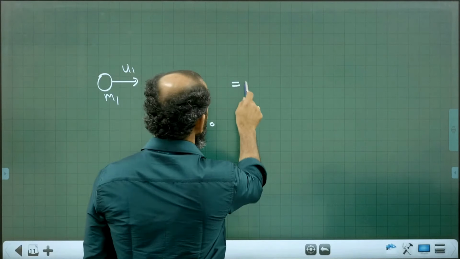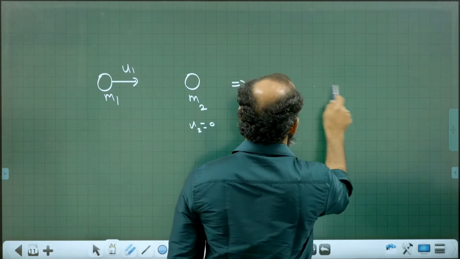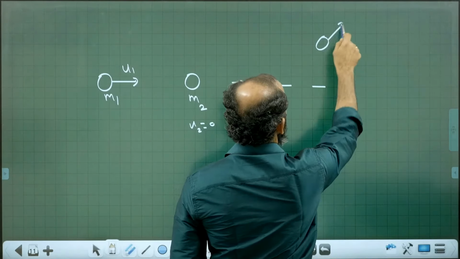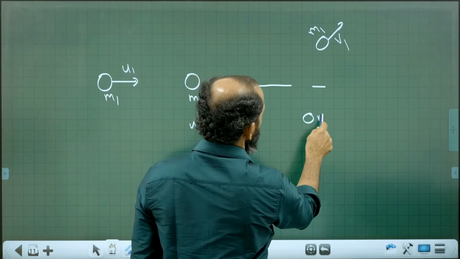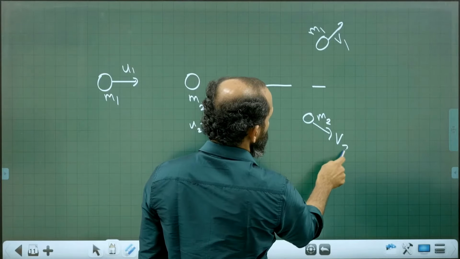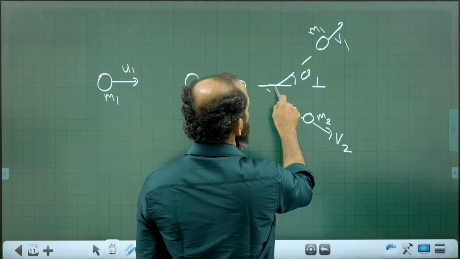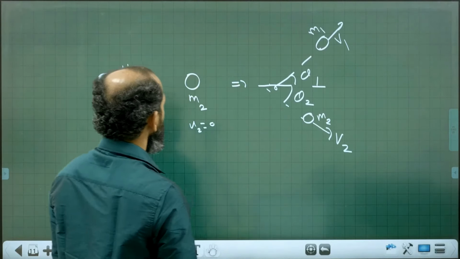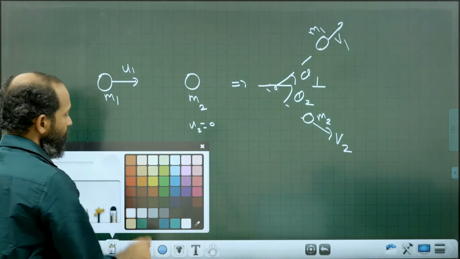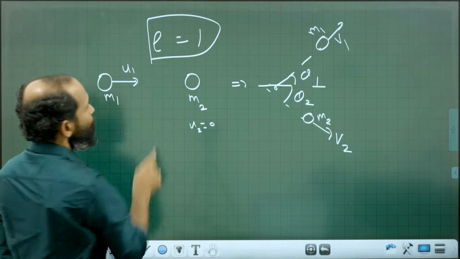Now after collision, the first body m1 may take a path like this with a speed v1. The second body of mass m2 takes this path, with velocity v2, and this angle theta 1, this angle theta 2.